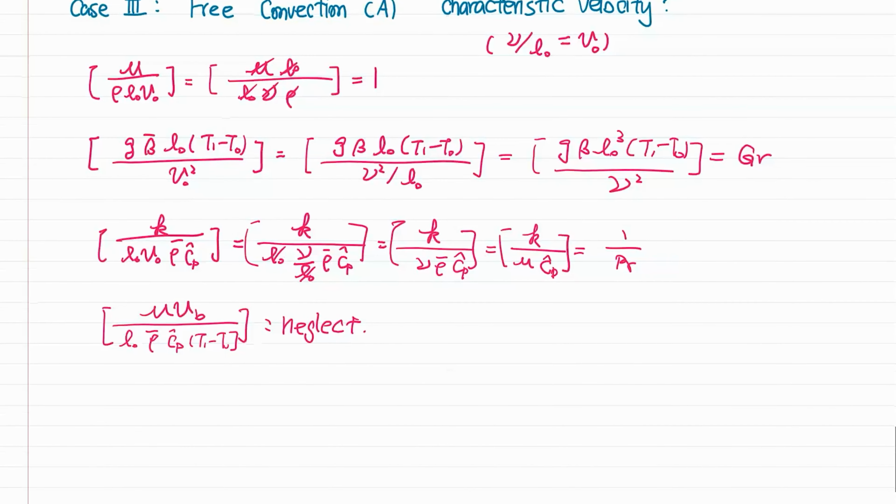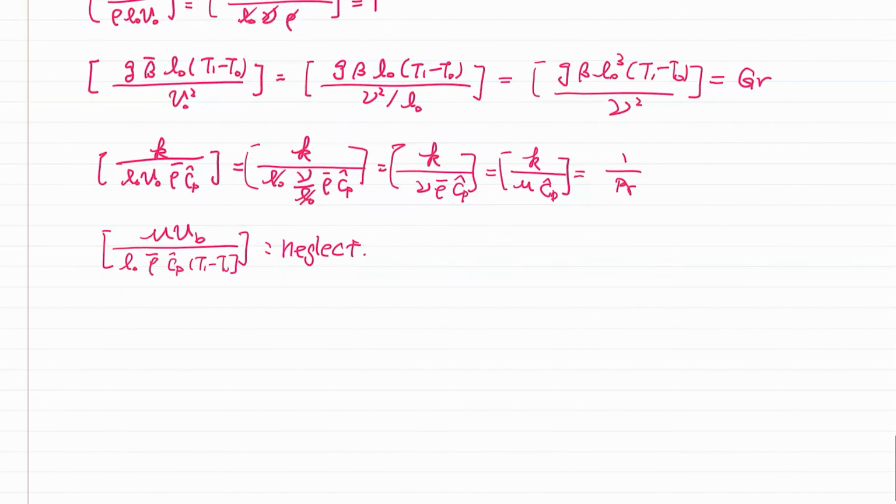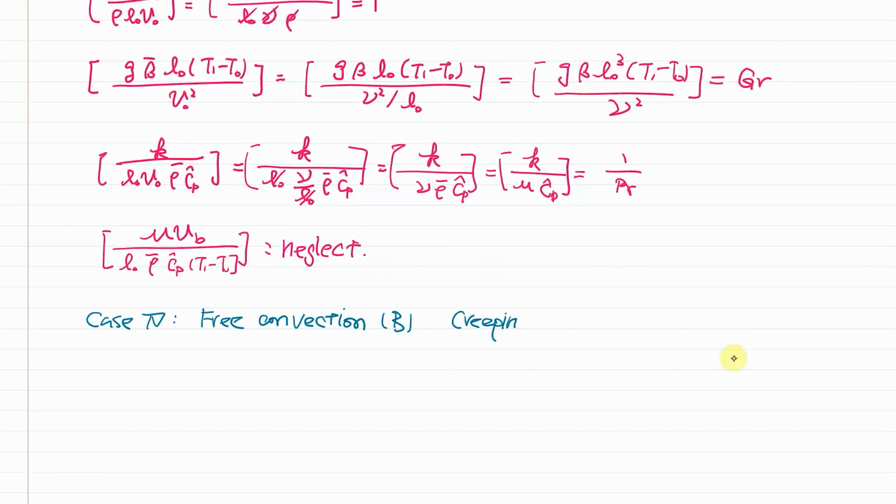And finally, for case 4, which is the second case for free convection, free convection B, which is looking at creeping flow. Creeping flow means that the left-hand side of the equation of motion can be neglected.